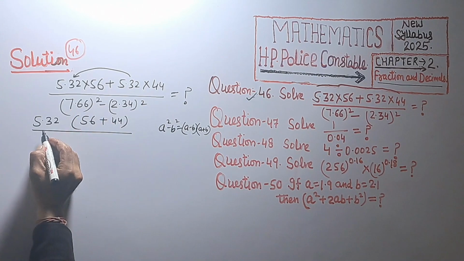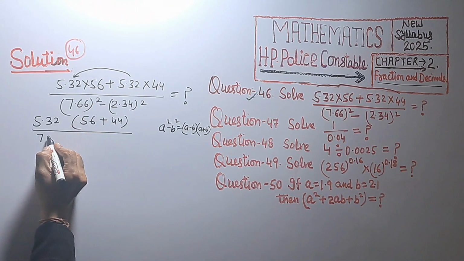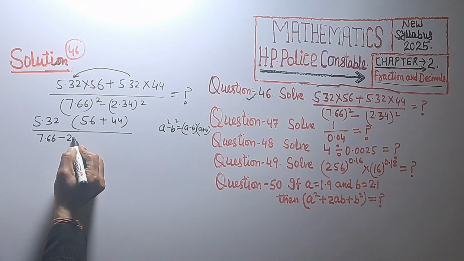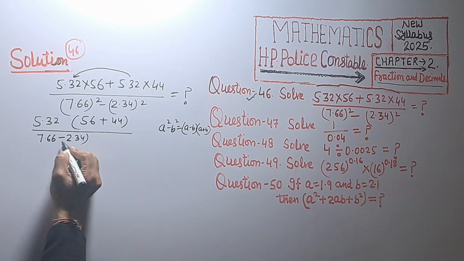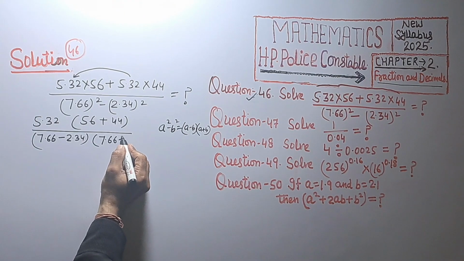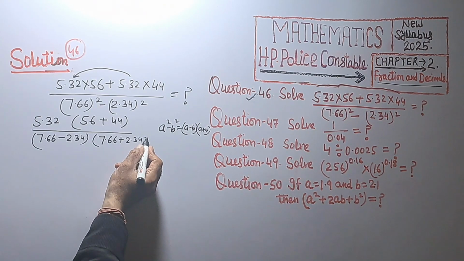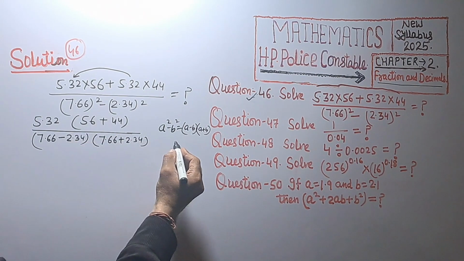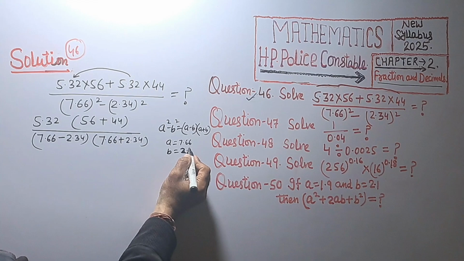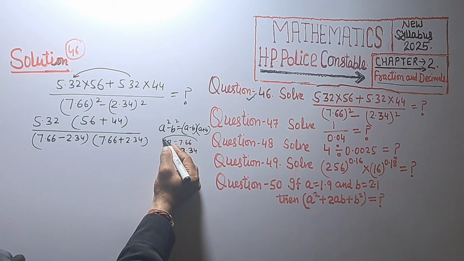So we can write it as a is 7.66 minus b is 2.34 into a plus b, 7.66 plus 2.34. A equal to 7.66, b equal to 2.34.